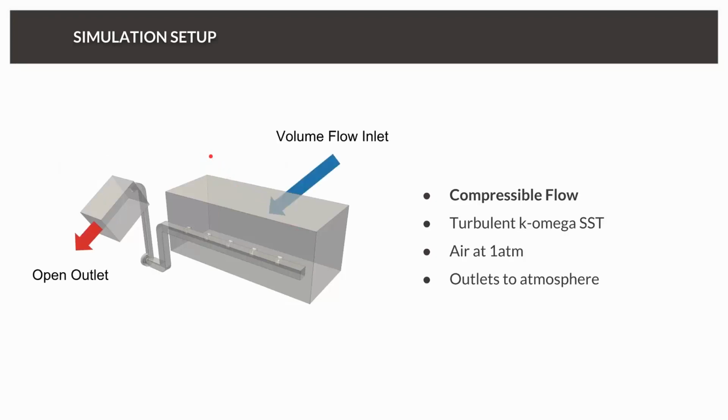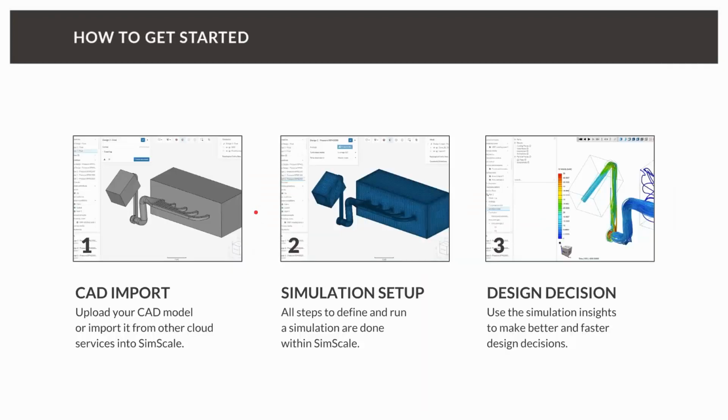What we therefore do is use some smart boundary conditions, and that is the most important point whenever you do a simulation. First of all, think about what you want to do. So the outlet will be open, and we will add the volume flow inlet here on this face.